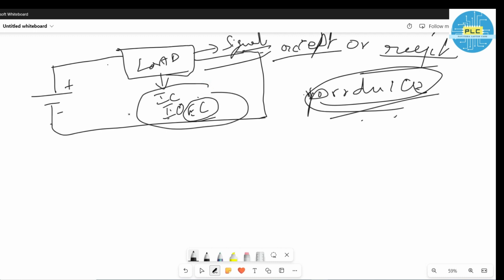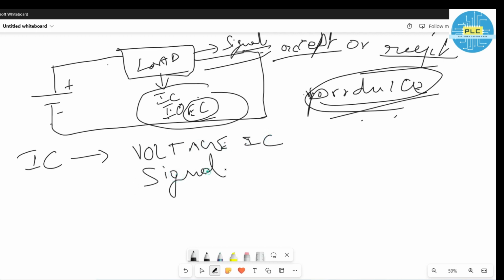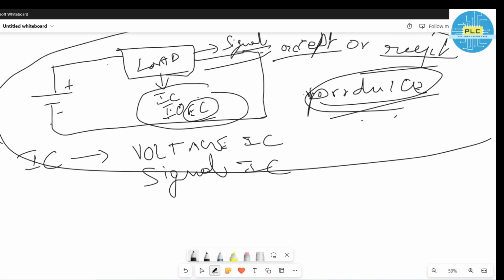This is what the IC does. If we consider an IC as a load, first it may be a voltage IC, or it may be a signal IC. Understood? This point is very important.